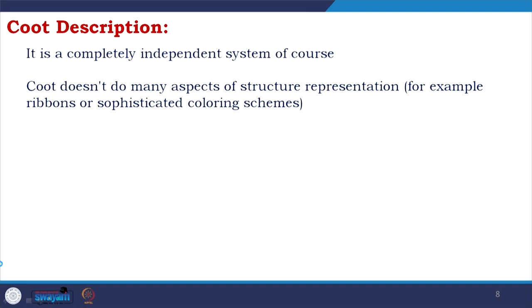What I am trying to say here, we have talked about different visualization softwares. In the next class, we will talk about PyMol to make publication quality figures. There are Chimera, VMD, a lot of them. They produce really beautiful figures.